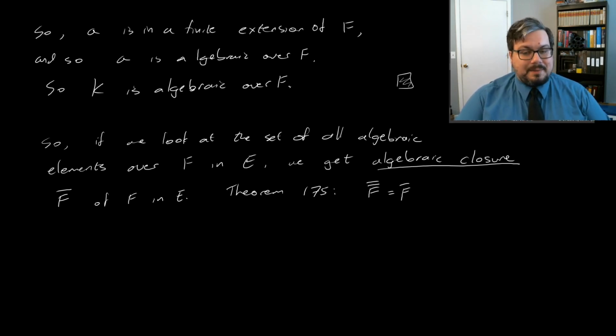Because if there was some element that was algebraic over F bar, then it would be algebraic over F. That's what Theorem 175 shows, which means that it would already be in F bar to begin with.